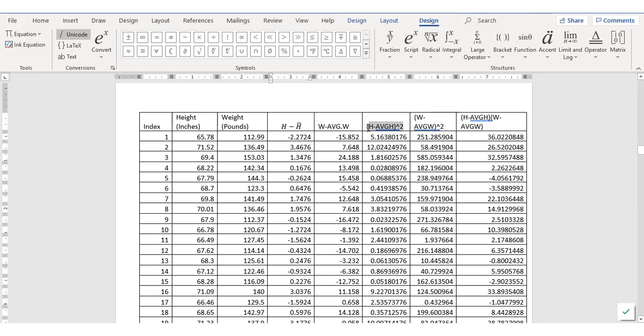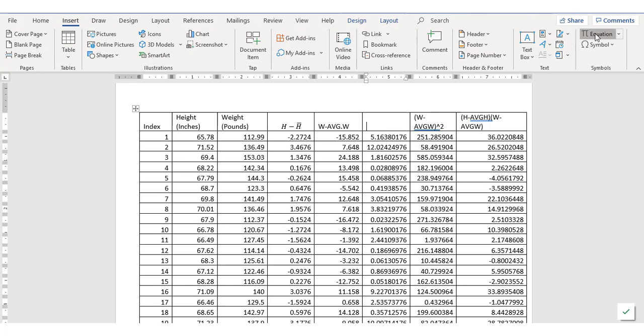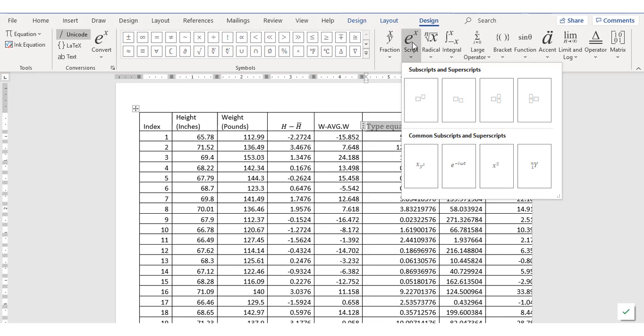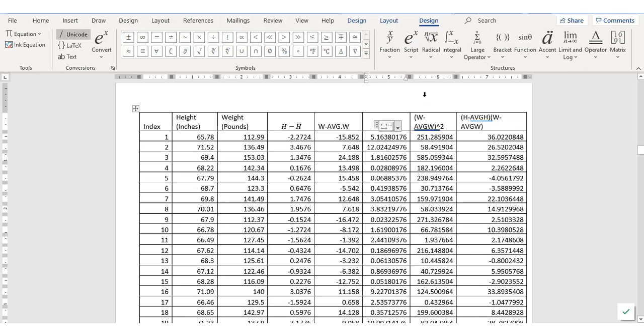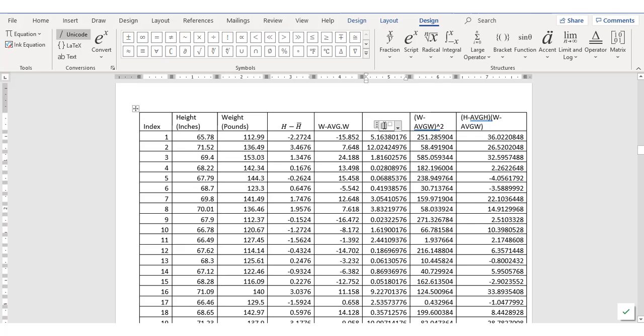I will change this one into square. So Insert, Equation. This is a square, so I will use that. I will copy this over here. We need to put the parentheses.